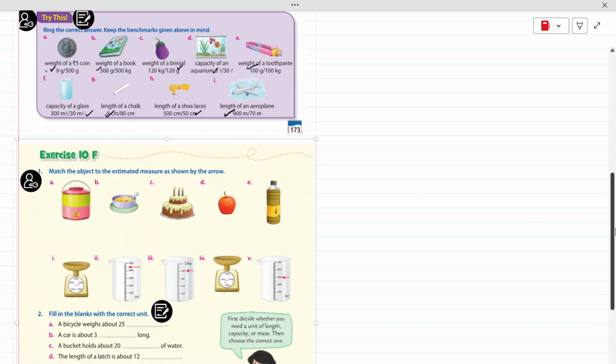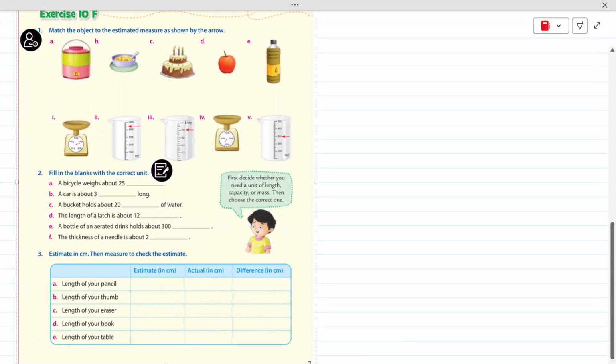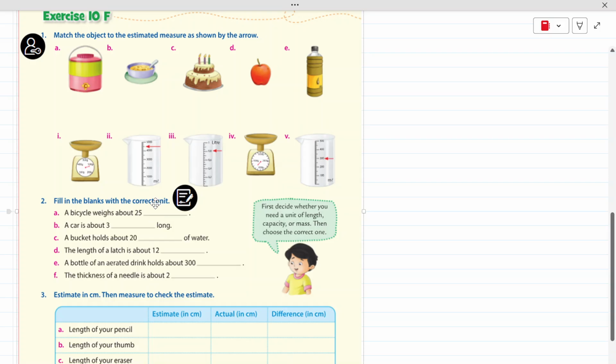Let us go through these and find the dimensions. I'm just writing the dimensions here first. The first one is around 4500 ml, this one is 0.5 liters, and this one is 300 ml.